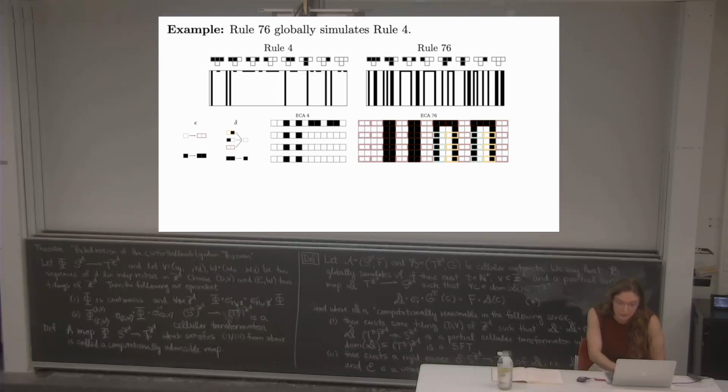So the intuition is that both rule 4 and rule 76 are able to tell something about edges of blocks that are just black. And if you encode these edges smartly into the CAs, then they will end up doing the same thing.